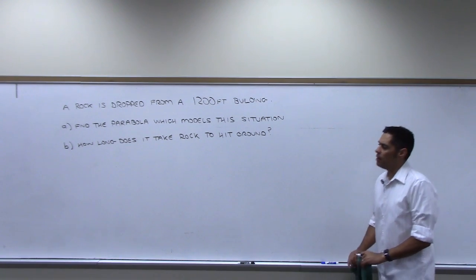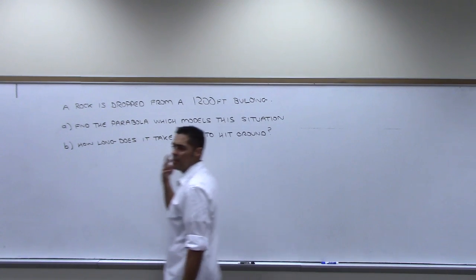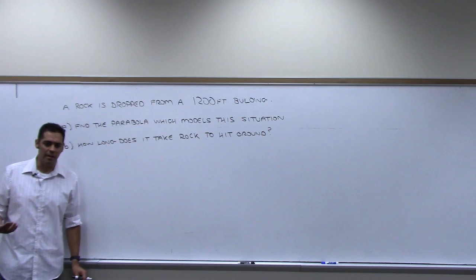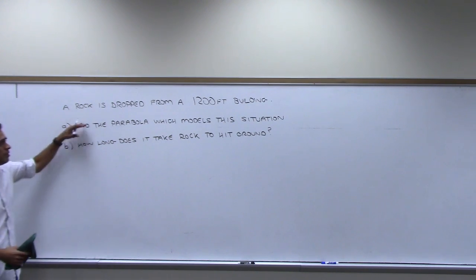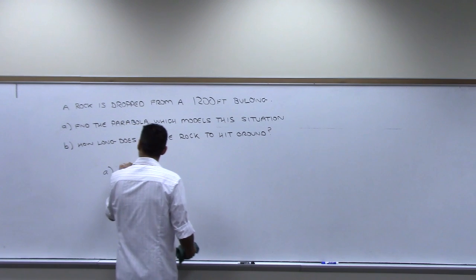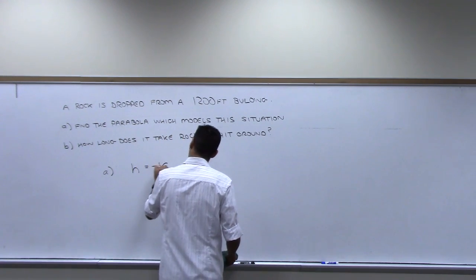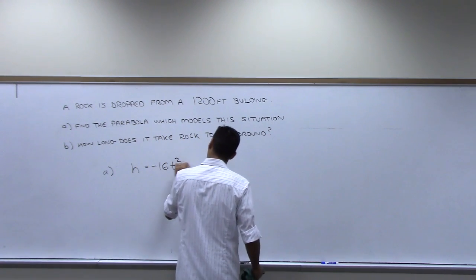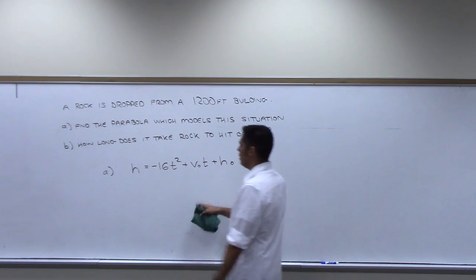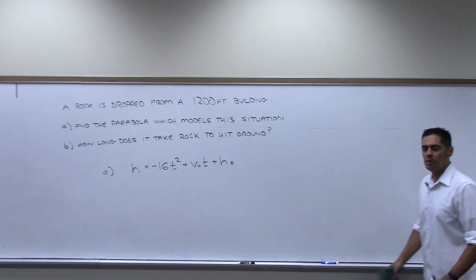So first, the parabola. We are going to assume that this is an object that's falling on Earth, and we're going to just neglect air for now. So the model that we're going to use is the formula I just gave you. So for part A, I need to rewrite this formula, but I need to fill in the V naught and the H naught.